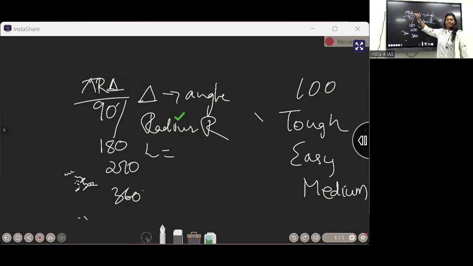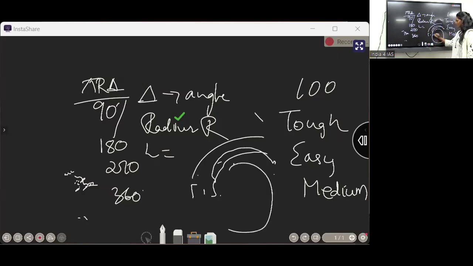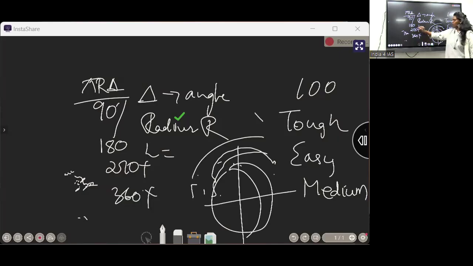You can eliminate 90. Why? Because the length of the curve, you know the clear geometry, right? 360 is not possible because you are designing a curve, and 360 would be a complete circle. So 360 is eliminated. 270 is three quarters, which doesn't fit either, so eliminate it. 90 would be a quarter, you can't take that either.